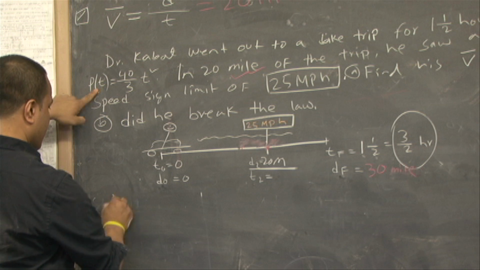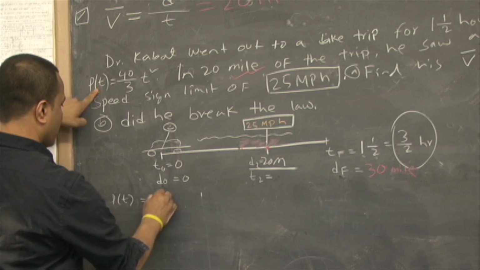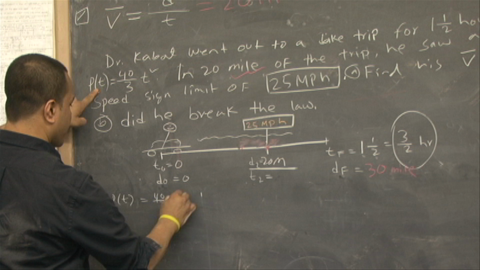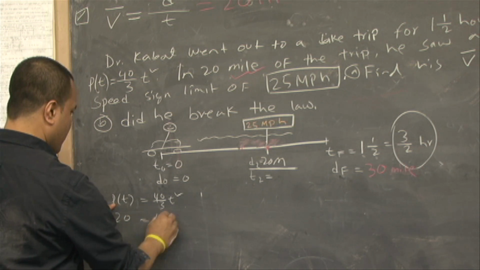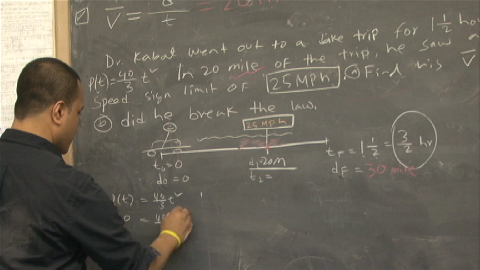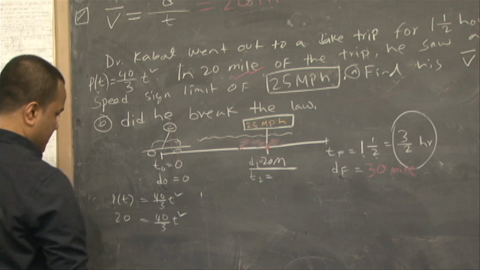So P(T) is equal to 40/3 T². Position is 20, so 20 = 40/3 T².